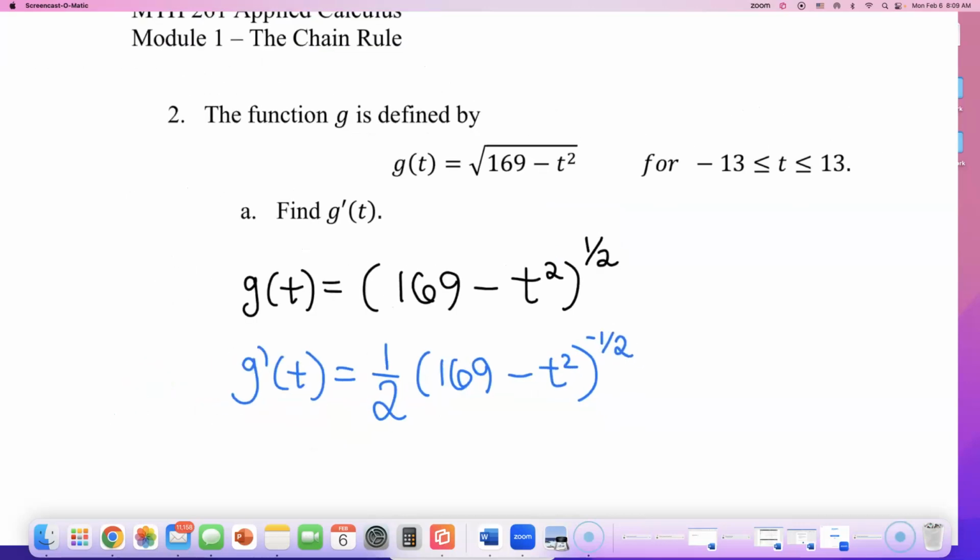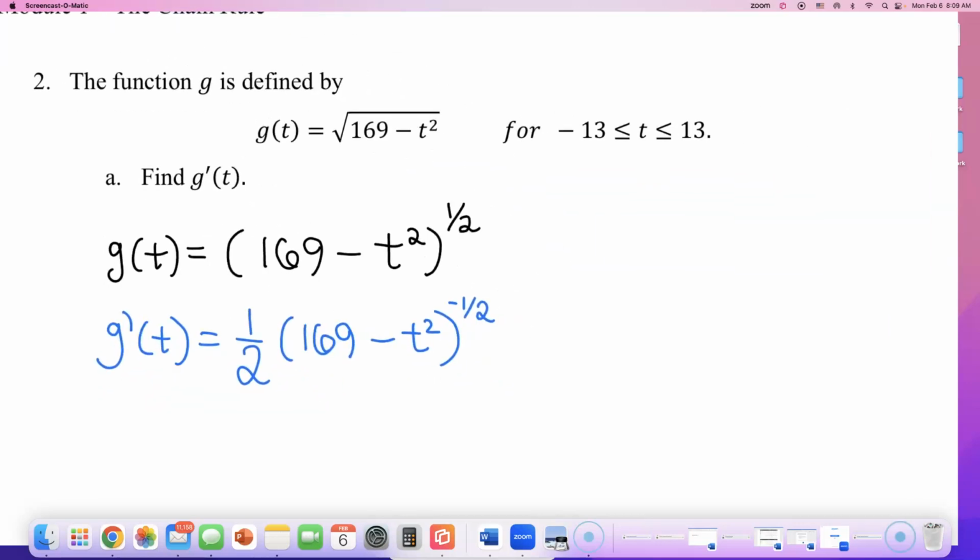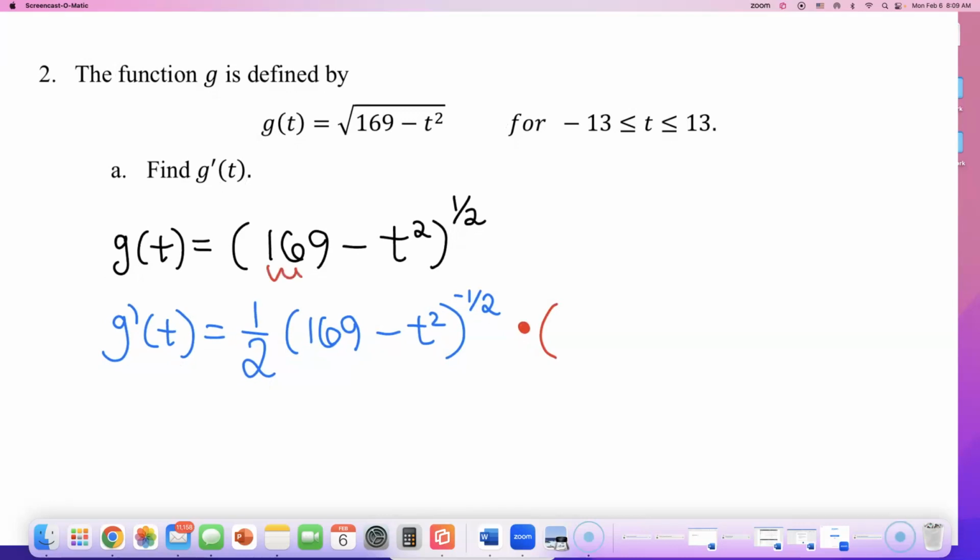Now don't stop there, because if you stop there, you're only doing half of the chain rule. You now need to multiply this by the derivative of the inside part. What is the derivative of this underlined part? -2t. Okay? I'm going to simplify this by multiplying this half by this -2t and put that in front.